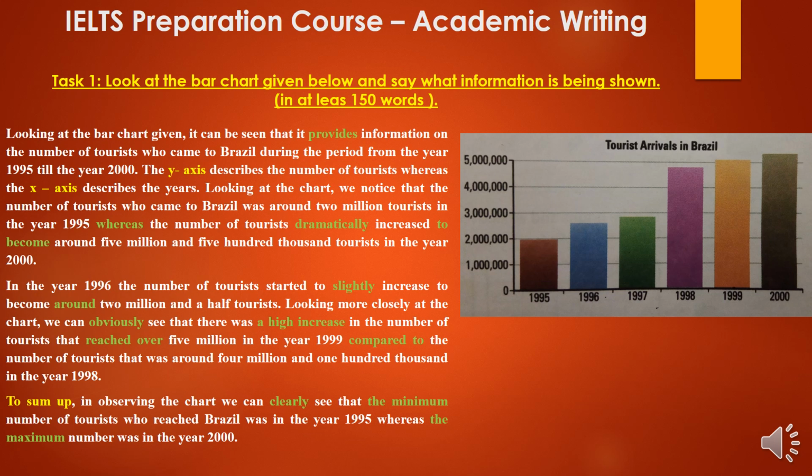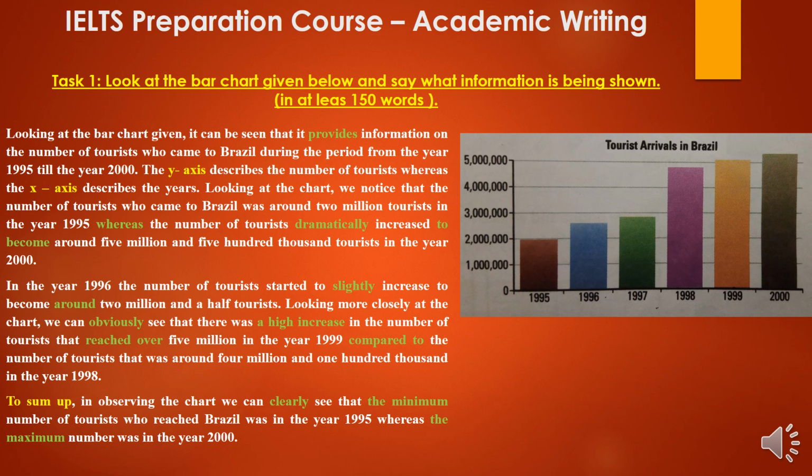Looking at the chart, we note that the number of tourists who came to Brazil was around 2 million in the year 1995, whereas the number of tourists dramatically increased to become around 5,500,000 tourists in the year 2000.